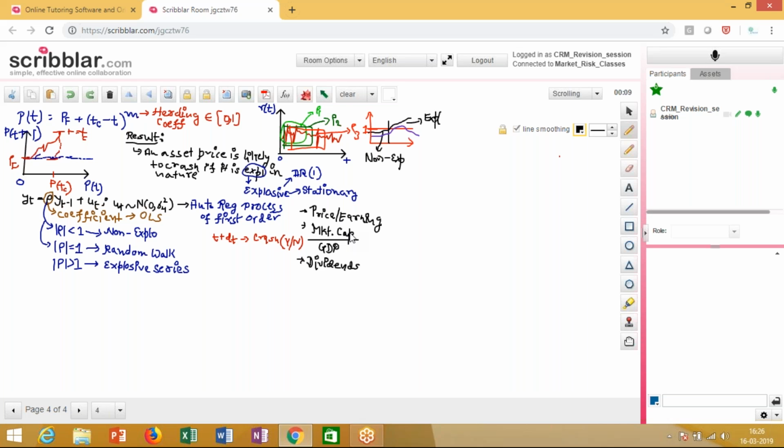So let's first try to understand each of these concepts, right? Obviously when I talk about dividends, you are very well aware what dividends are. A dividend is a part of the capital distributed by the company to the equity holders or the stakeholders, right? So this is capital distributed by the company to the shareholders, and this is done when the company earns profit.